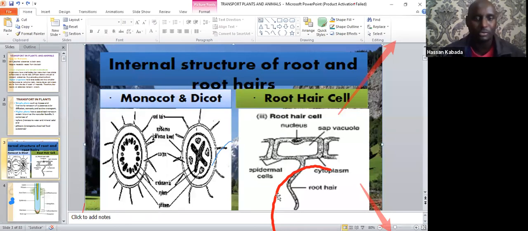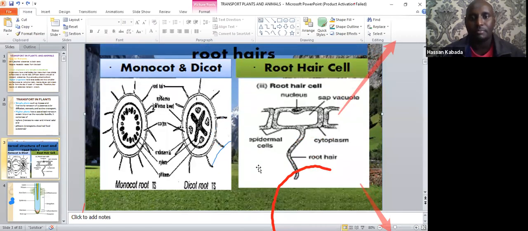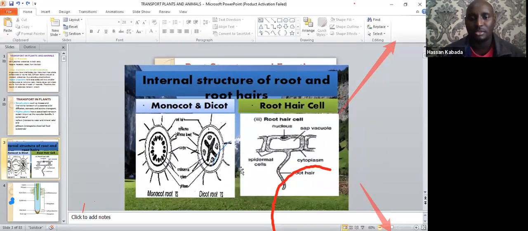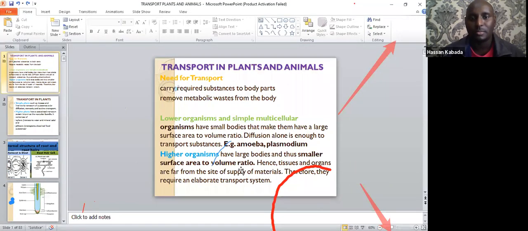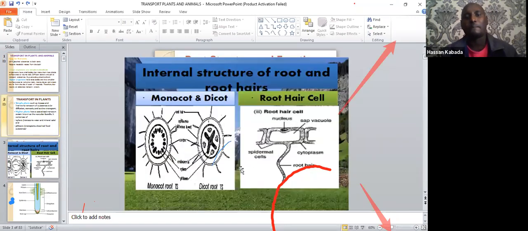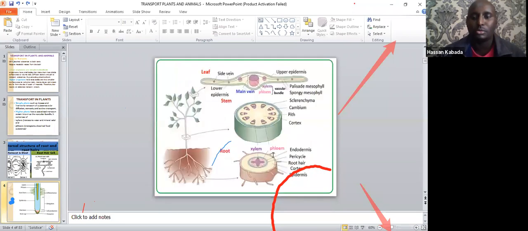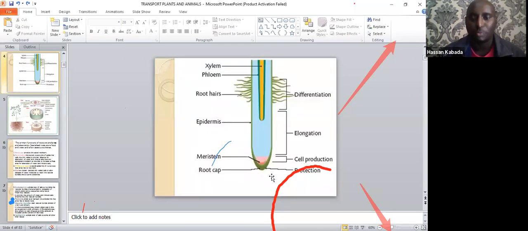Then we come to the next diagram. We have the structure of the root. This one is now the outer external features of the root. How the root is, starting with the root cap, of course, for protection of the delicate meristematic cells here.